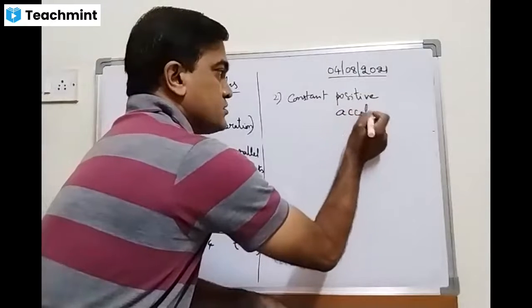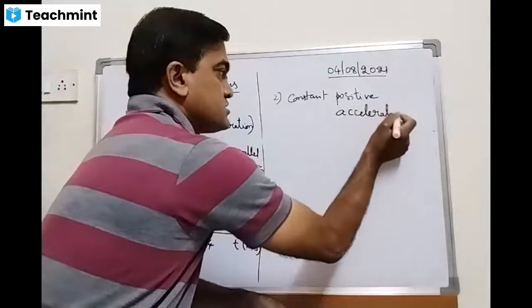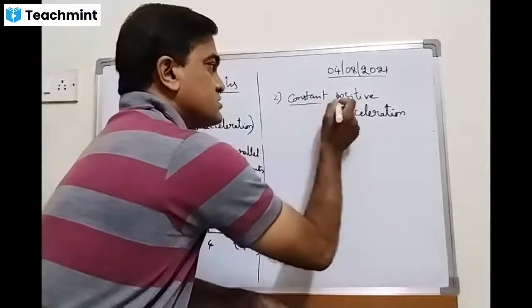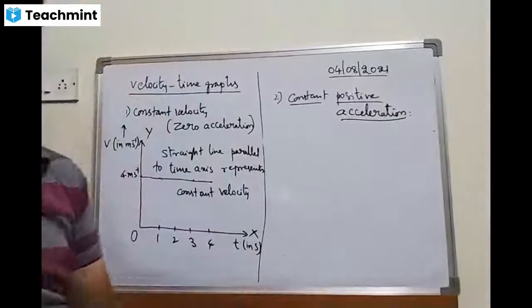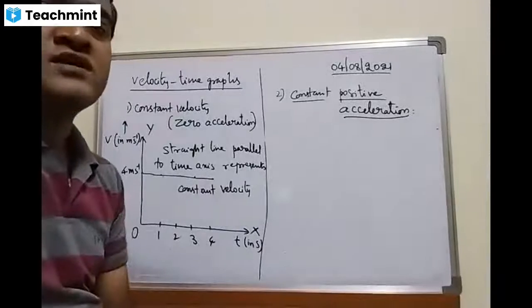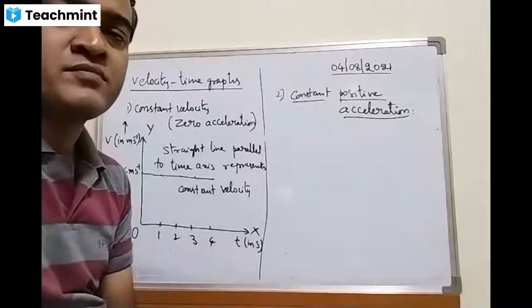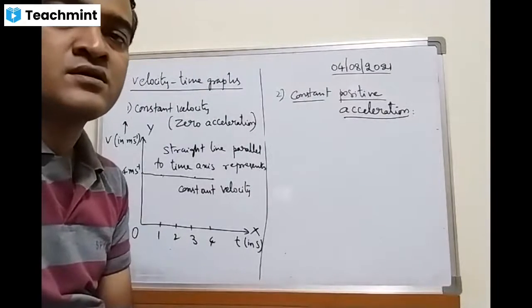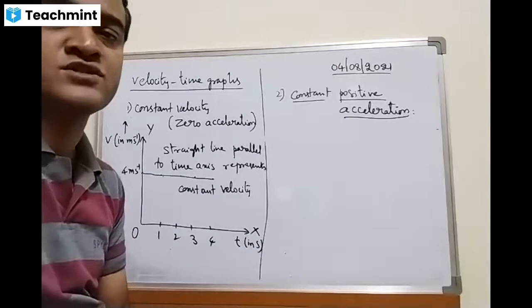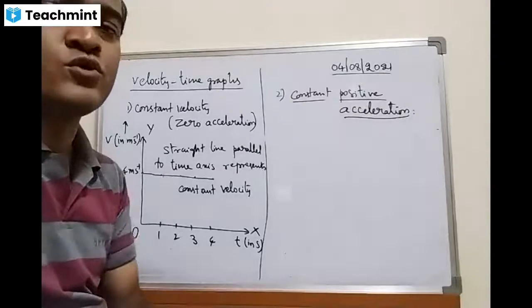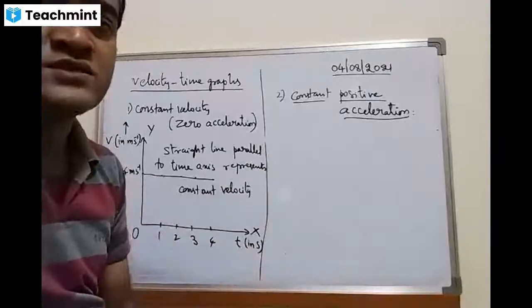Constant, why? Because there is another graph which I can draw for constant negative acceleration. I'll show you both. Constant positive acceleration.